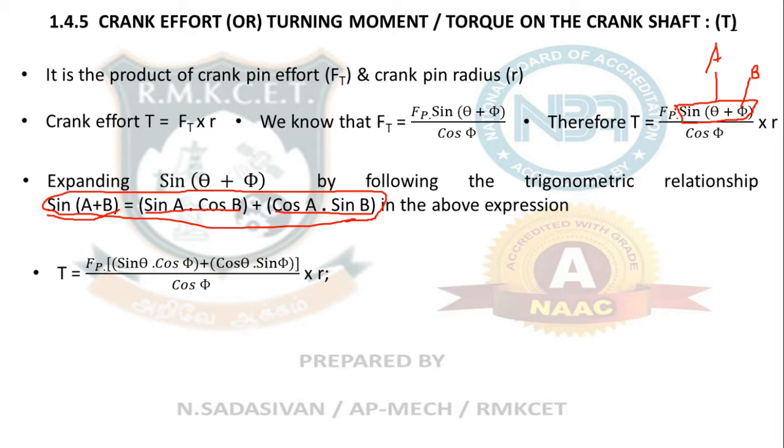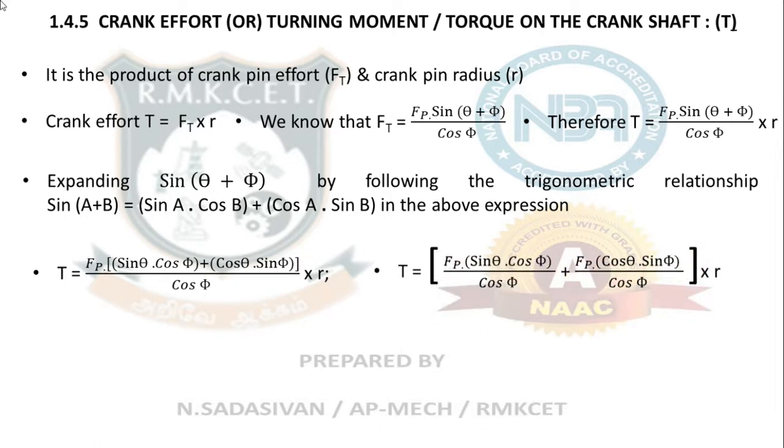No change is there. Okay, now what I am going to do, I am going to split this into two components. Split the denominator into two components. Okay, how am I splitting? Club this as one equation, multiplied by Fp, and club this as one equation, because Fp is common for both, so I am splitting it, reverse of LCM.